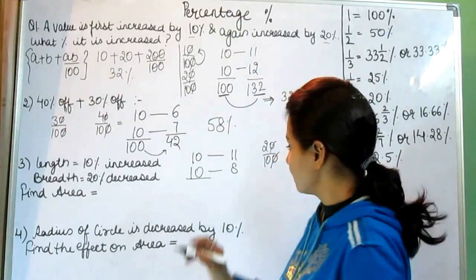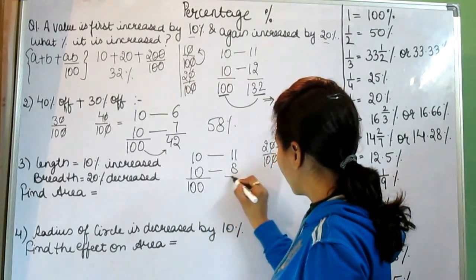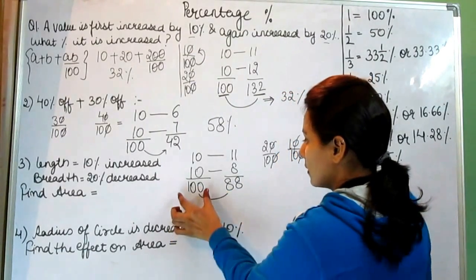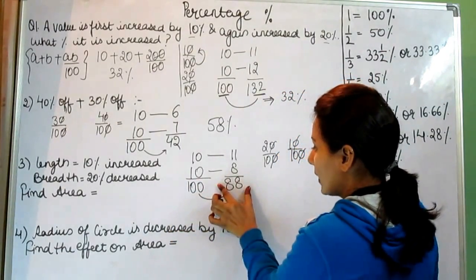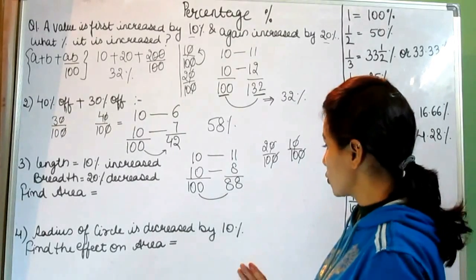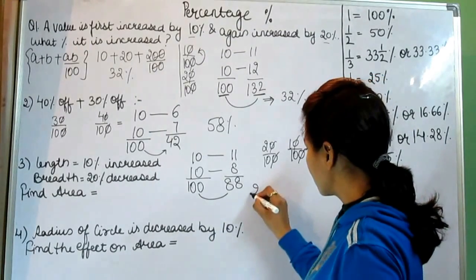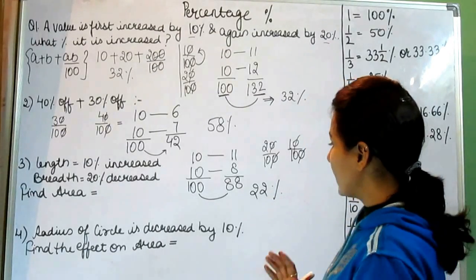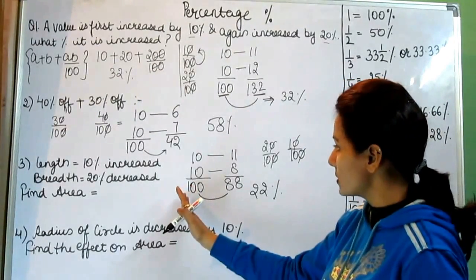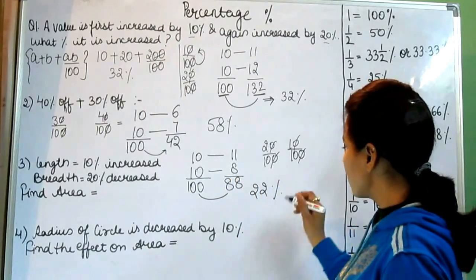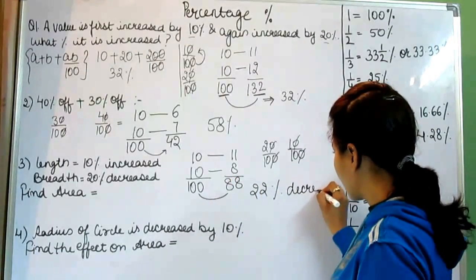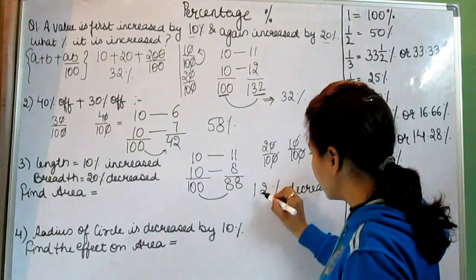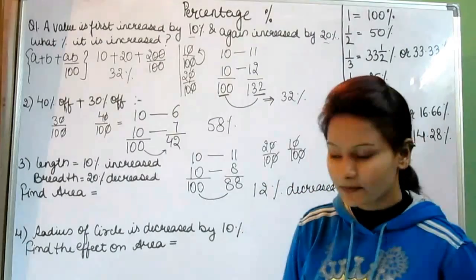Find the area. So what would be the area? The value was 100, but now it becomes 88. So what is the gap? The gap is 12%. It means it is decreased by 12%.